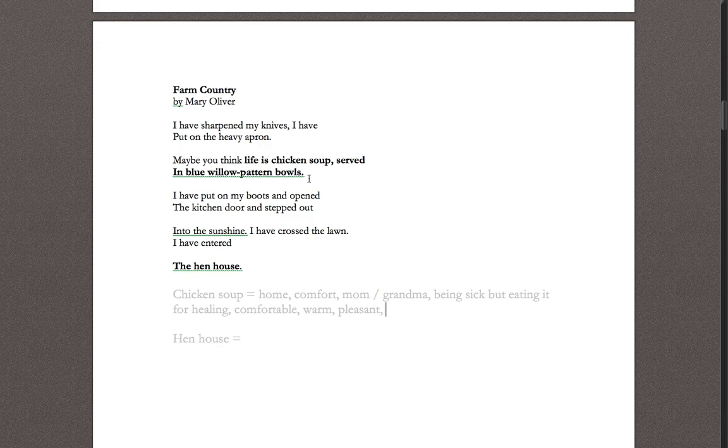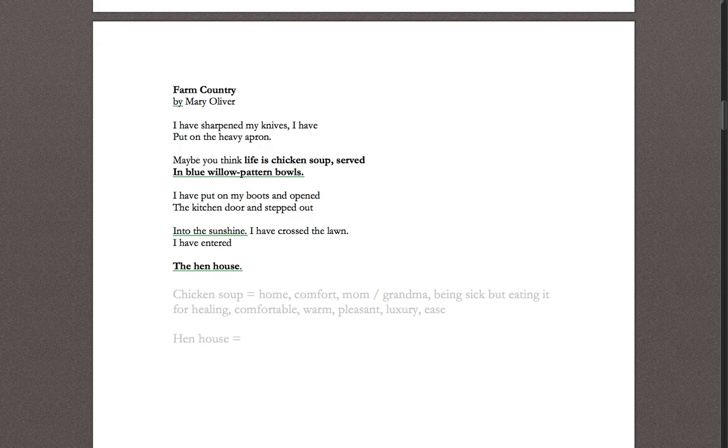Not only is it chicken soup, which reminds us of all these things, but it's chicken soup that is served in blue willow pattern bowls. So that makes me think of a sense of luxury or ease. And you can say that a lot of other different ways too. You're not only eating chicken soup, you're being served chicken soup in these very nice fancy bowls.